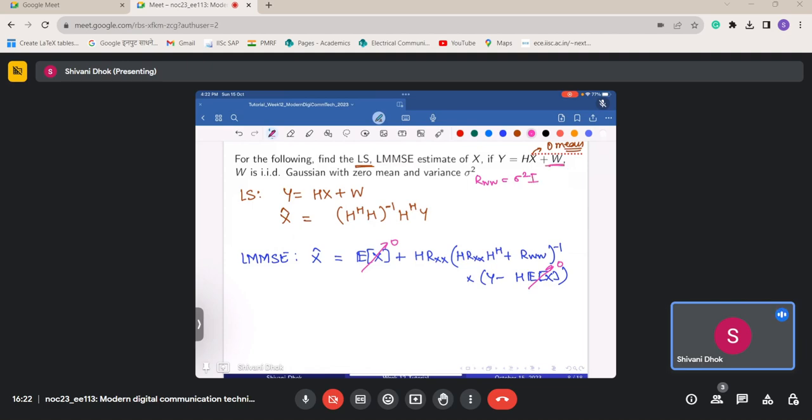So it has a variance of sigma square I. This comes out to be rxx h Hermitian times h rxx h Hermitian plus sigma square I inverse multiplied by y. And this is your LMMSE estimate. So this is your least squares and this is your LMMSE estimate. Okay. Any questions?